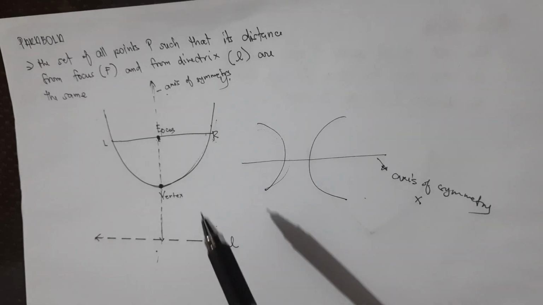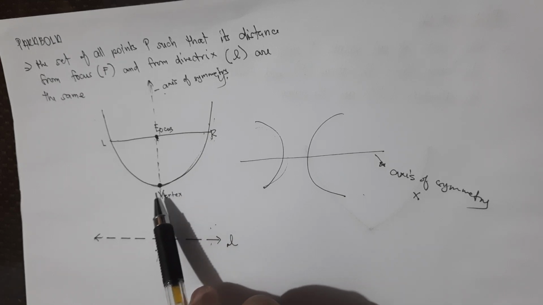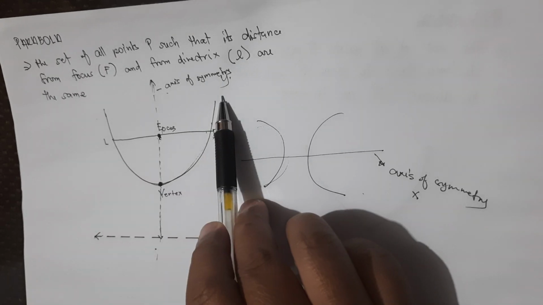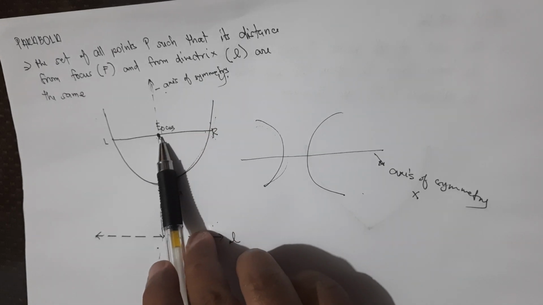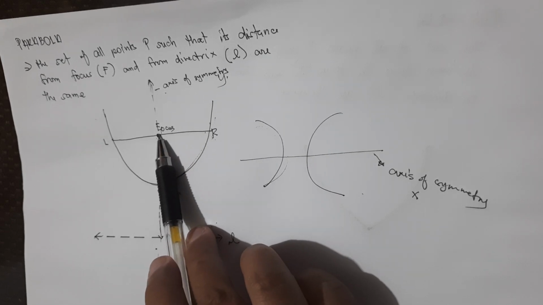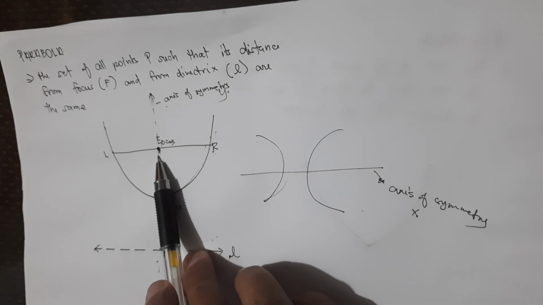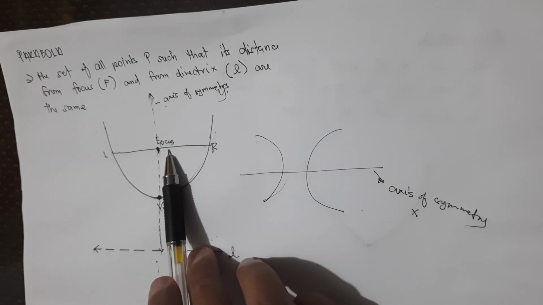So let's have the review. The vertex, again, is the turning point of the parabola. Next, we have the focus. Focus is the fixed point that is used to define the parabola with the fixed line. So kung sa circle, meron tayong center, ang pinaka-center naman ng ating parabola ay si focus.